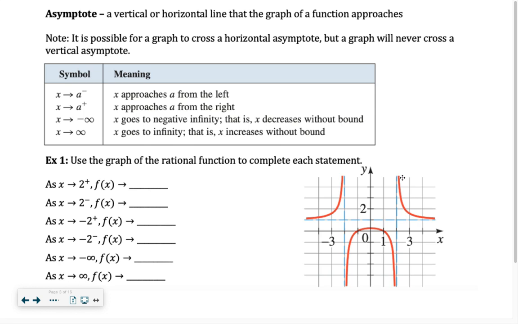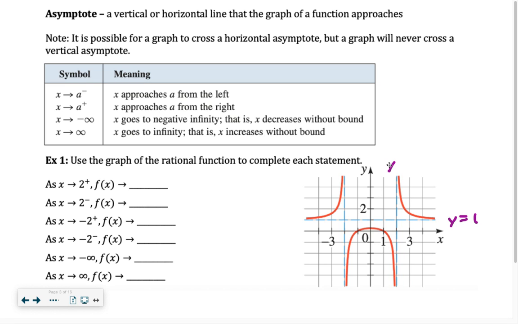This horizontal line that these two pieces of the graph approach but never actually reach, we would write the equation of that asymptote as y equals 1. Now, we have two vertical asymptotes here as well that each of these pieces approach but never touch.